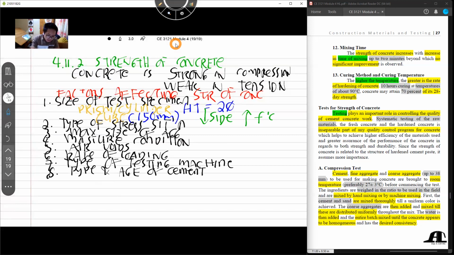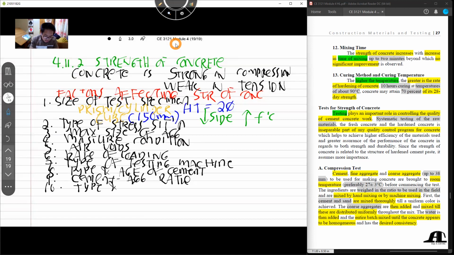Number 9, class, is the cement aggregate ratio. Then 10, class, we have the type and size of aggregate.